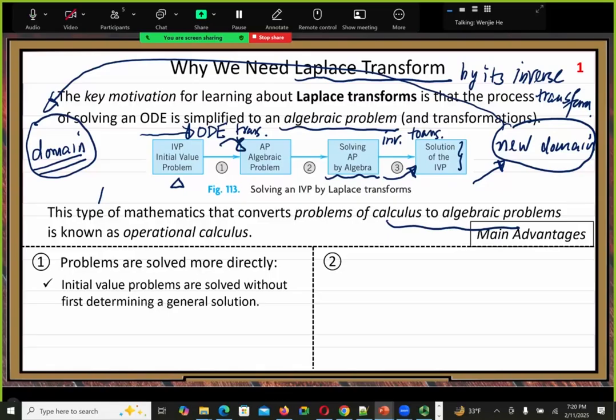Later, we will have the formula, in which we combine the initial value condition and the equation part together. So you do not need to work on the general solution first and then plug in the initial condition to get a particular solution.